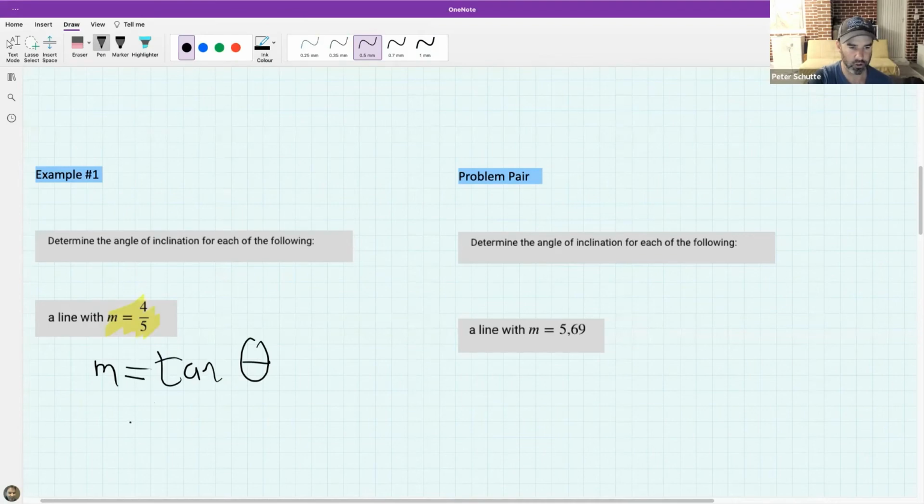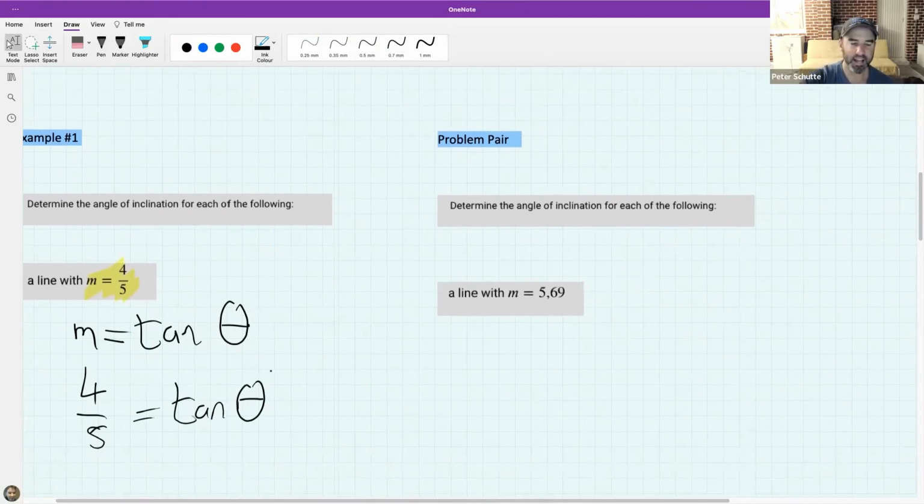Well, what I'm going to do is where the gradient is, I'm going to put 4/5, and then I'm going to write tan theta. But the problem is, I now have to find the angle of inclination, and I can't just click tan. Renelewe, could you tell me what I need to do with my calculator to get the angle of inclination in the formula?